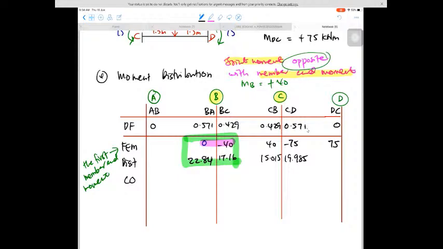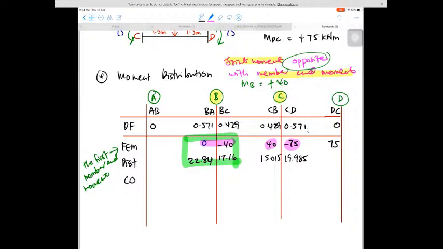Total moment at C. So C is the joint, and we distribute the joint moment. What is the moment at joint C? It is 40 plus negative 75, we get negative 35.